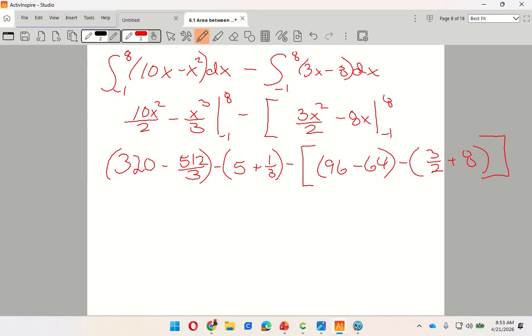So let me see, this is going to be 315 minus 513 over 3. 513 over 3 is going to be 171, minus 32, and that's going to give me 19 over 2 negative.